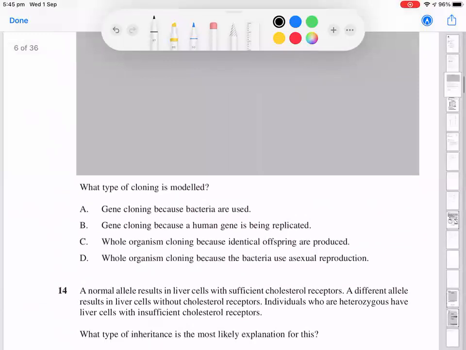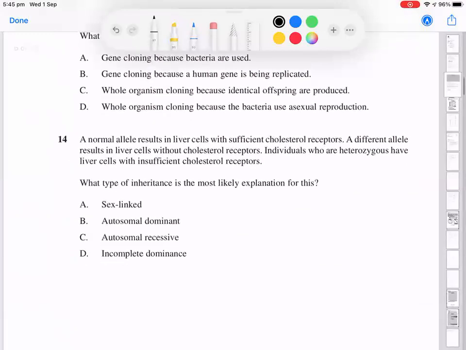Okay, so question 13, can't do. Question 14, we're looking at 2 alleles. Okay. So this is going to be an example of incomplete dominance.